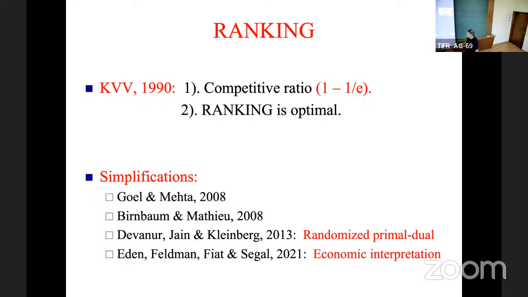And then Michal Feldman and her student Alon Eden, and then Amos Fiat and Segal, gave an economic interpretation and gave a different way of charging to buyers and goods whatever matching was being accrued. And this made it a very elegant analysis, very beautiful analysis.